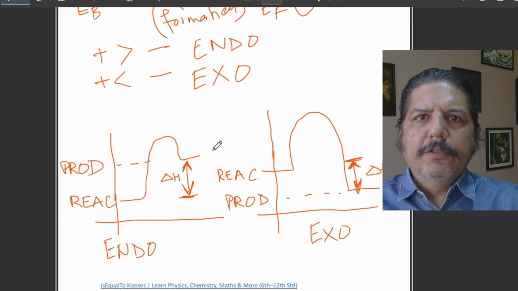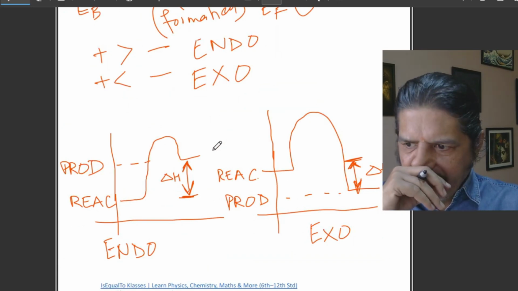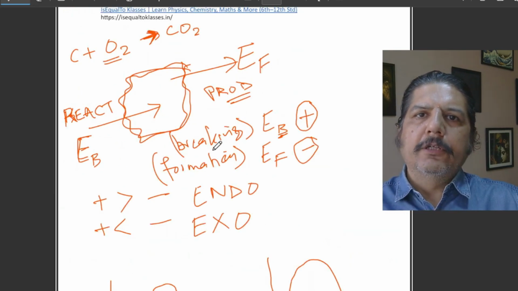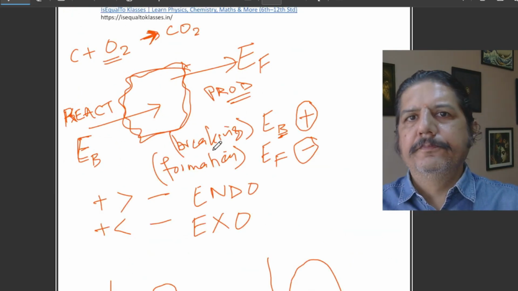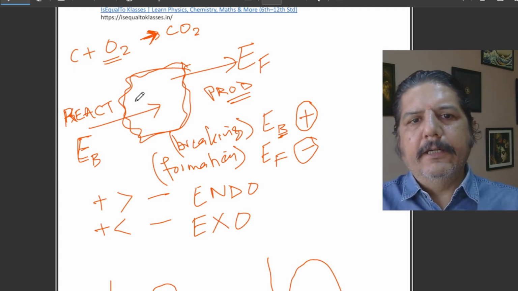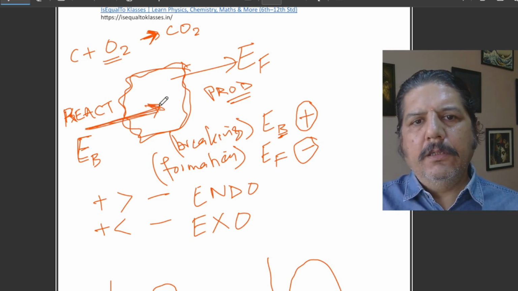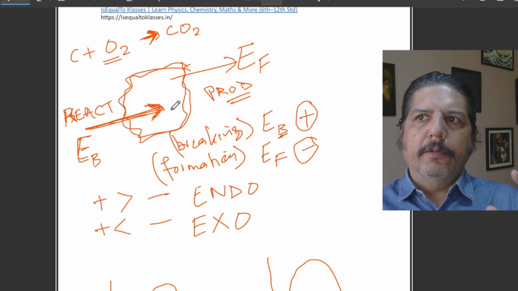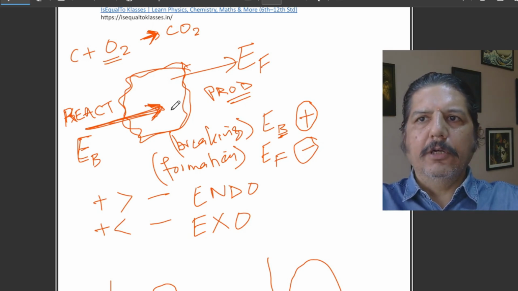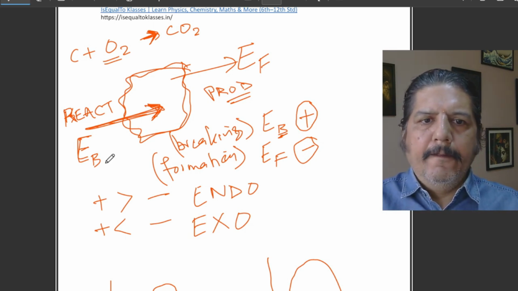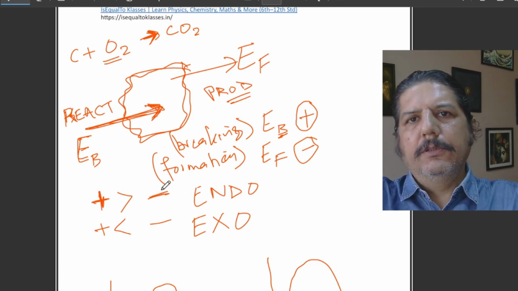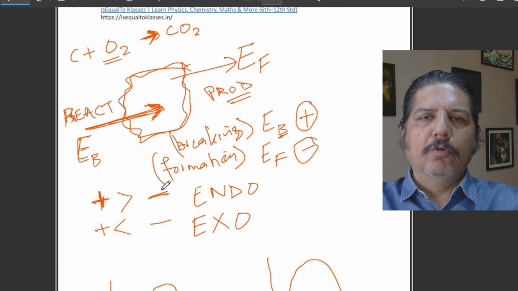Now, a few of the students get very confused about endothermic and exothermic, but it's very simple. I'll try to make it as simple as possible. See, endothermic reactions are reactions where net energy is absorbed. So what that implies is that when the bonds are being broken, when energy is being taken, the positive energy is more than the energy which is released when the new bonds are formed.